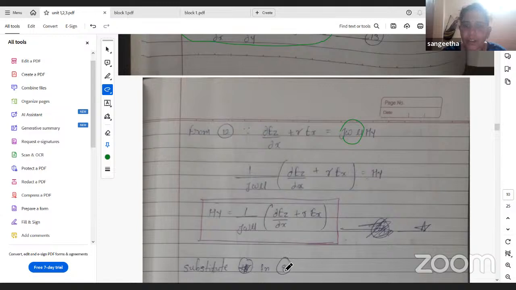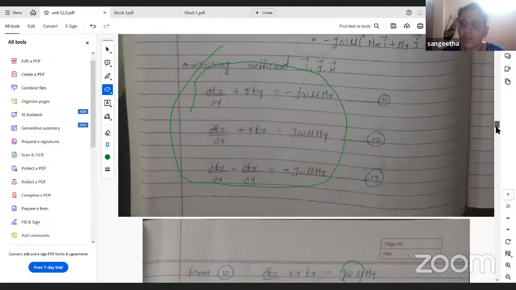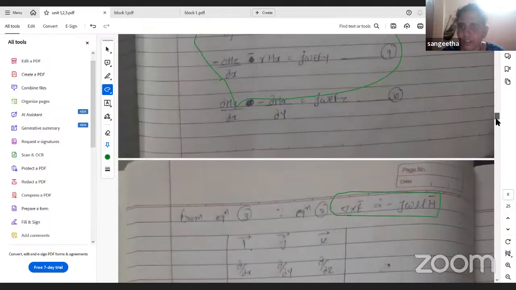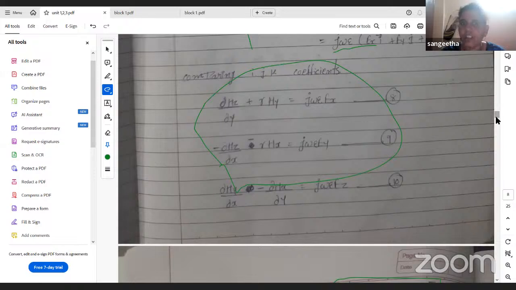Now where am I substituting this? This Hy I am substituting in equation 8.